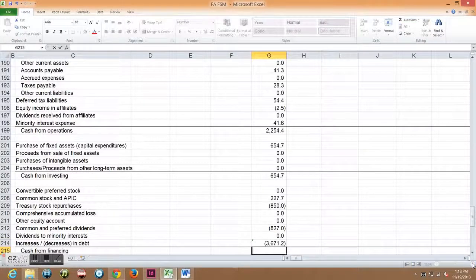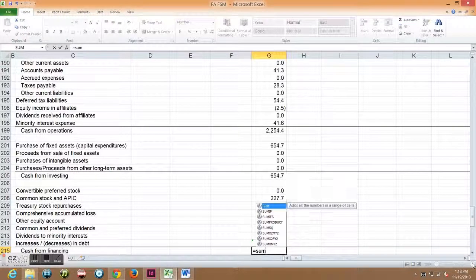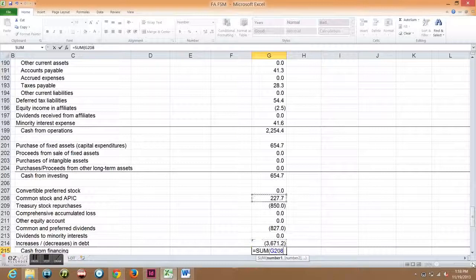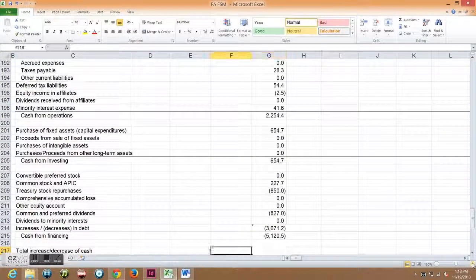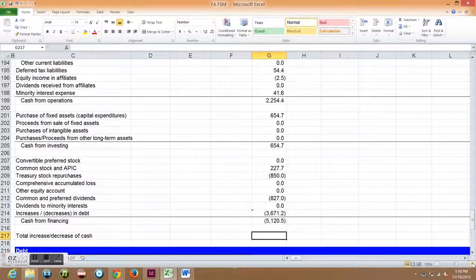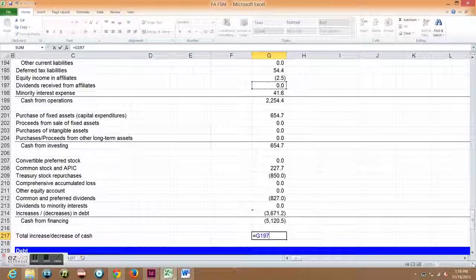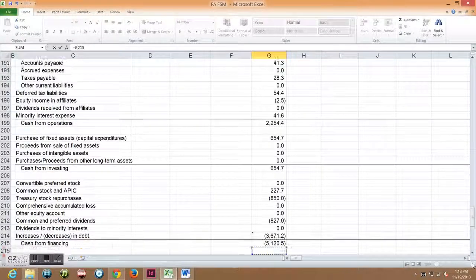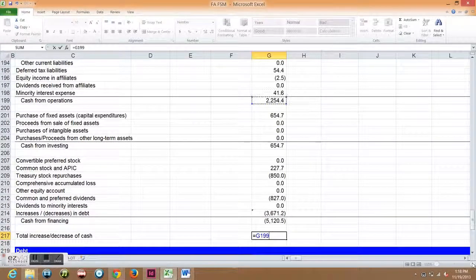And then we're going to find the sum of our financing cash flows. So we're going to take that and there. So now I can get this done too. So now you can take your cash from operations, plus your cash from investing, plus your cash from financing.